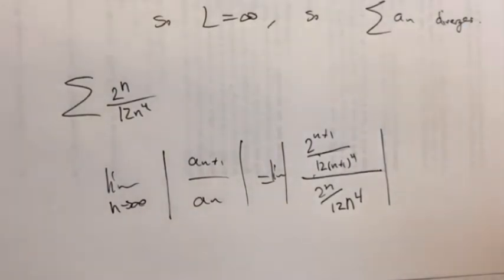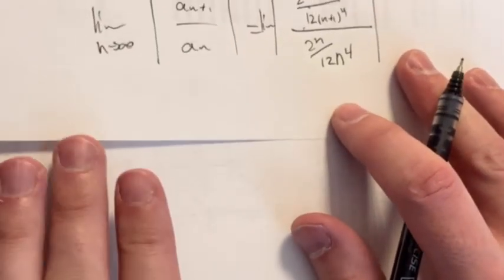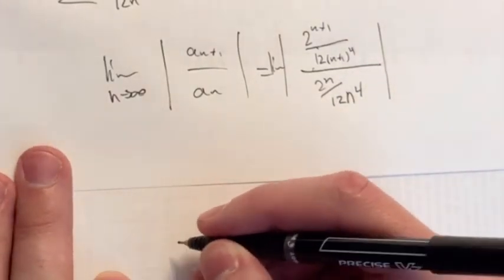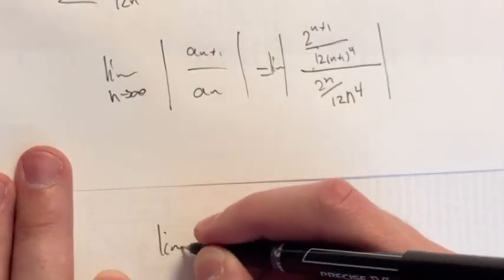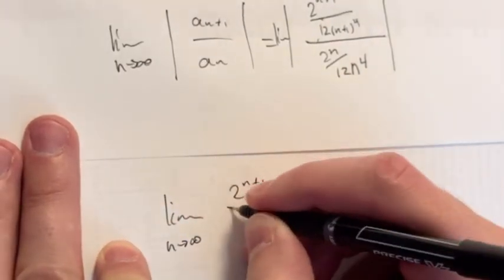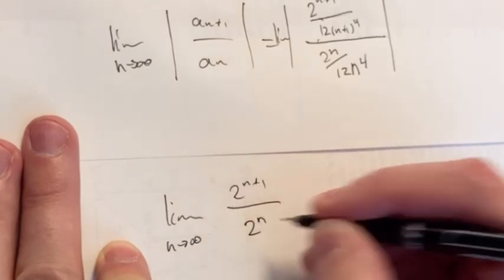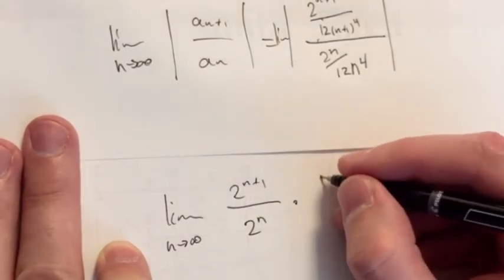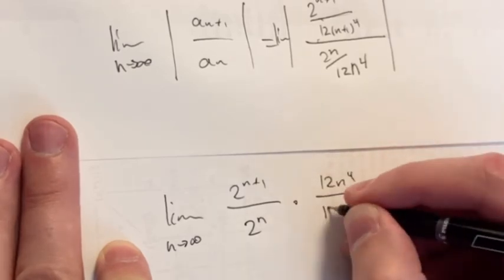And then we do the old fraction thing. After gathering the 2 to the n's together and then the other parts together, it's going to be 2 to the n plus 1 over 2 to the n, times 12 n to the 4 over 12 (n plus 1) to the 4.